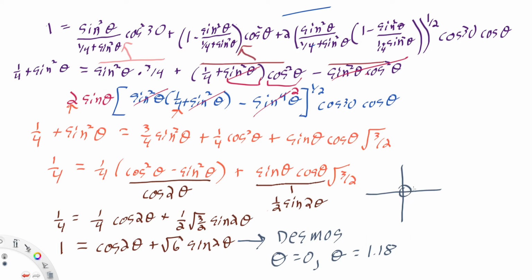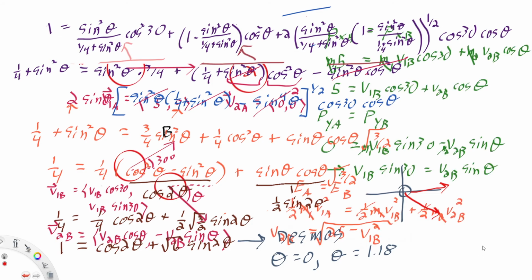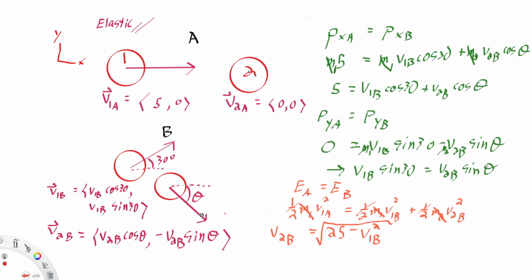If 0 was our solution, then it's moving in that direction. If theta is 1.18, it's moving in that direction. And that right there is what we originally drew. After the collision, our second ball is moving into the fourth quadrant, at an angle of theta below the x-axis.